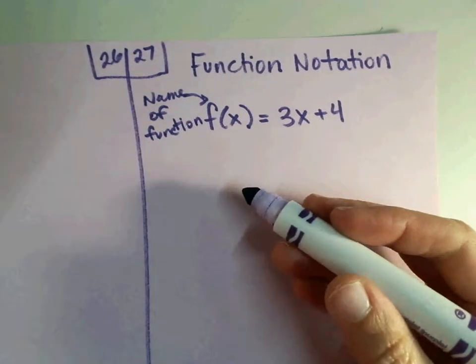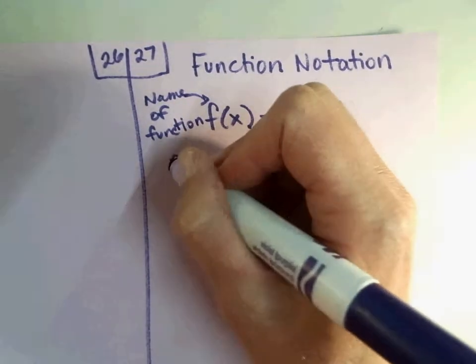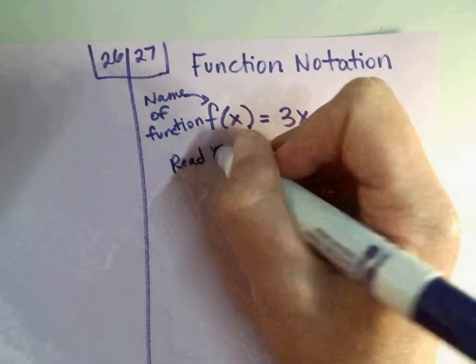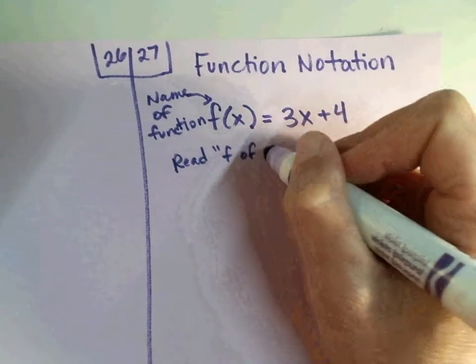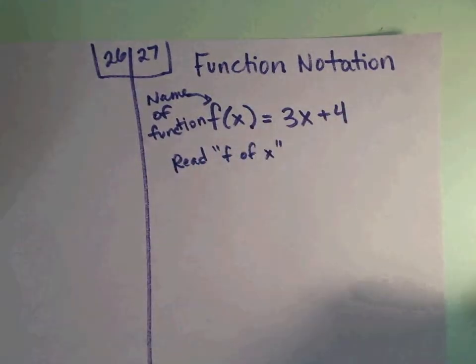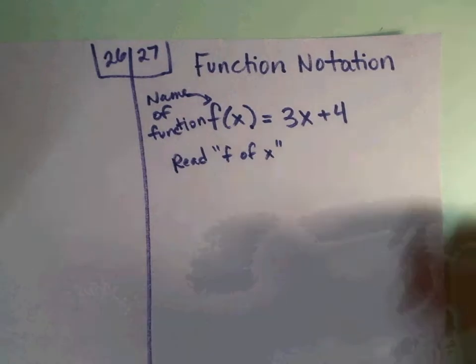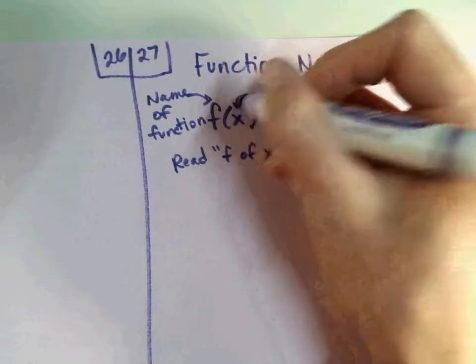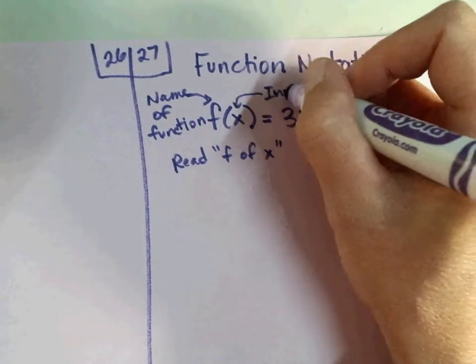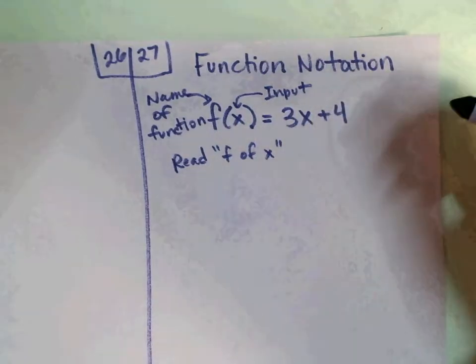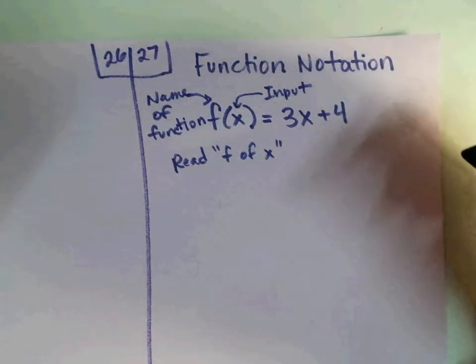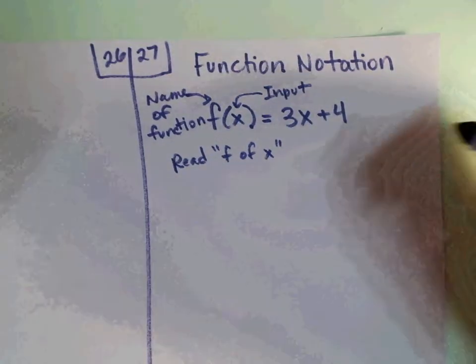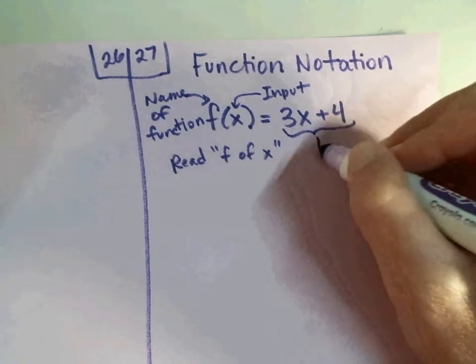You want to make a note here, it's read f of x. And then this letter right here is your input. So your input is x. That's what you would plug into the function. This part right here generates your output.